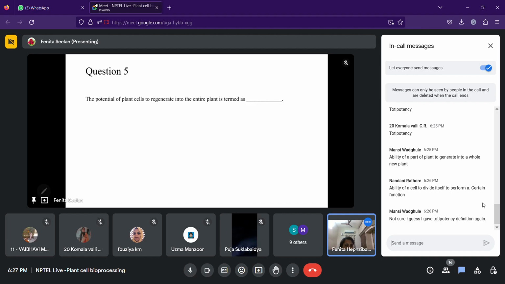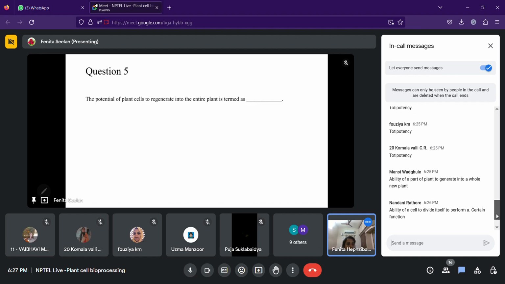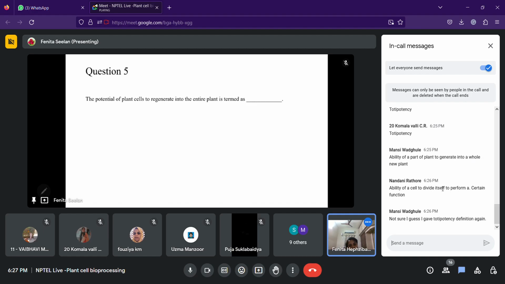What else? So in plant tissue culture generally, we are extracting which potential of the plant? Are we using pluripotency, or targeting totipotency?